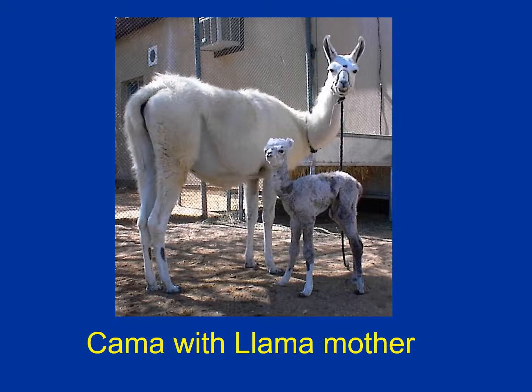Here's just an F1. Again, we've got the llama mother that was crossed with the camel. We got an offspring called a llama-camel. Anyway, species cross to see what would happen, and the cross has been more or less discontinued, I guess, but kind of interesting.